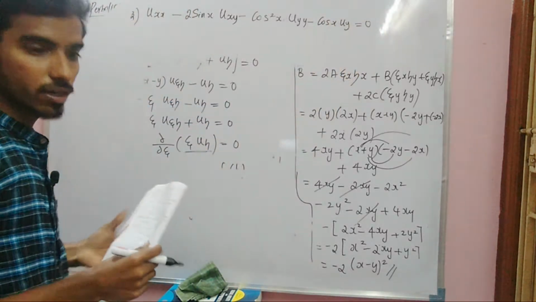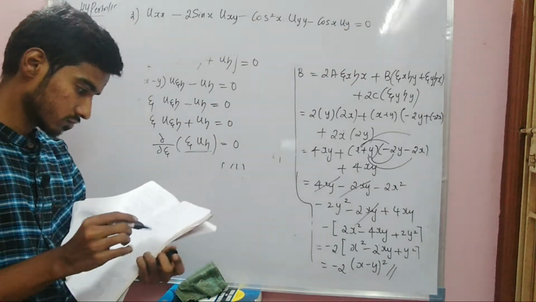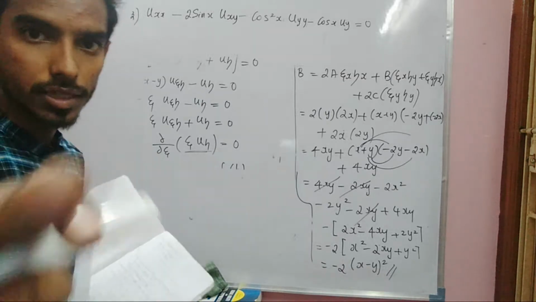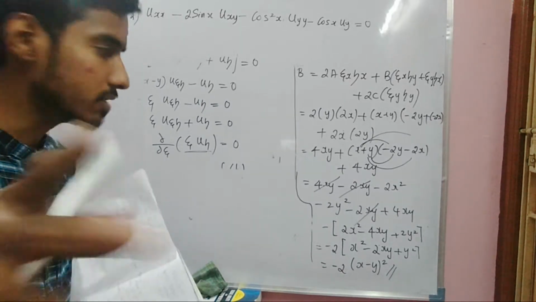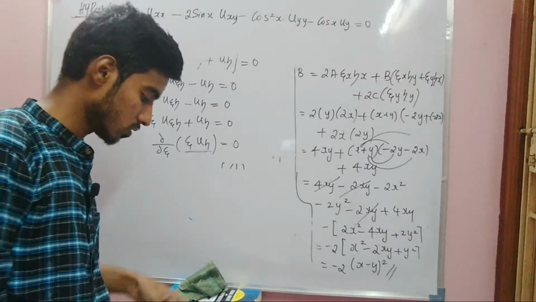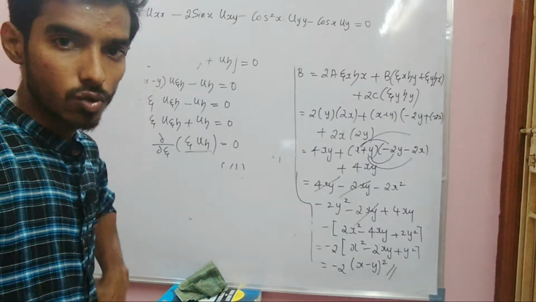You need to find the canonical form for this. If you want to try, you just text, or else I will do it. Just find the canonical form for this. You can just take 2 or 3 minutes to find the canonical form.